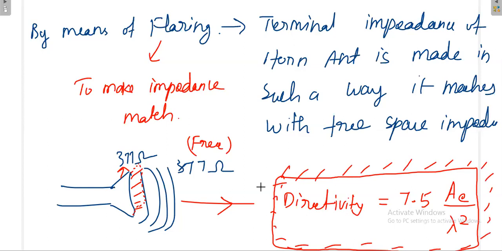Next, I'll make some comparison about three antennas: Hertzian dipole, half-wave dipole, and quarter-wave monopole antenna. Later we'll go to antenna arrays.